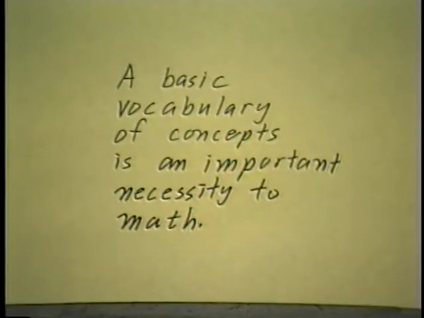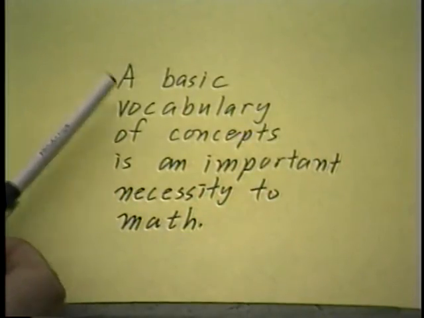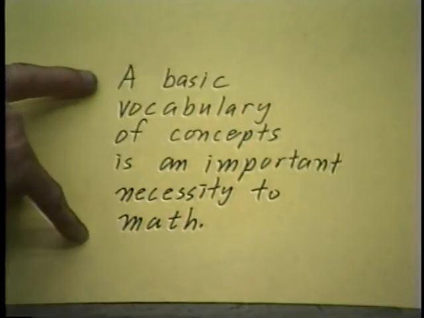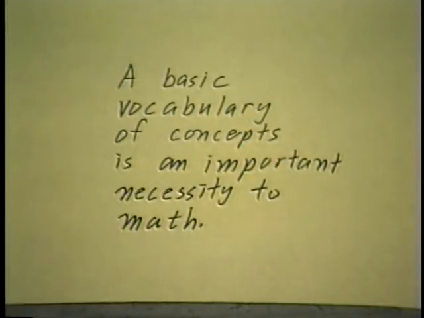And we trust that by now you realize that a basic vocabulary of concepts is an important necessity to mathematics, to all sciences and arts, really. But in math, the lack of it can cause harm faster than in perhaps any other field of study. So learn these basics now that you have the chance.